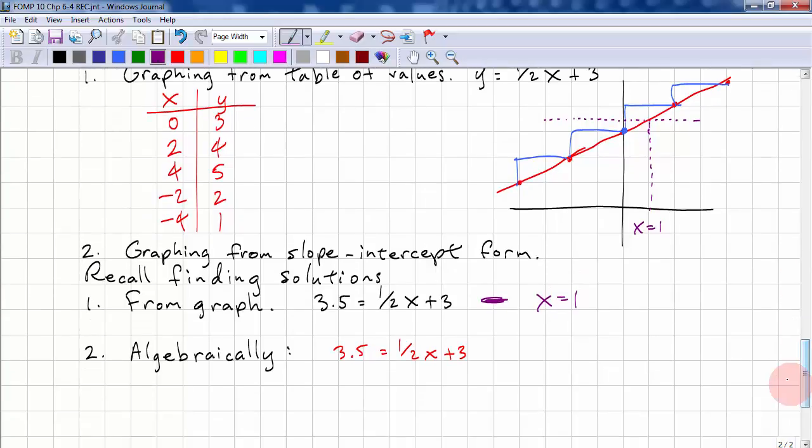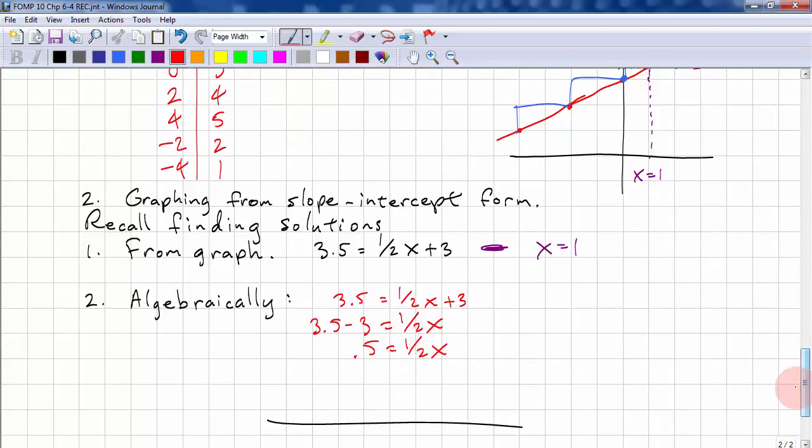We can solve this algebraically as well. So we have 3.5 equals a half x plus 3. We want to isolate the x first by moving over any constant terms. So 3.5 minus 3 equals 1/2 x. So 0.5 equals 1/2 x.